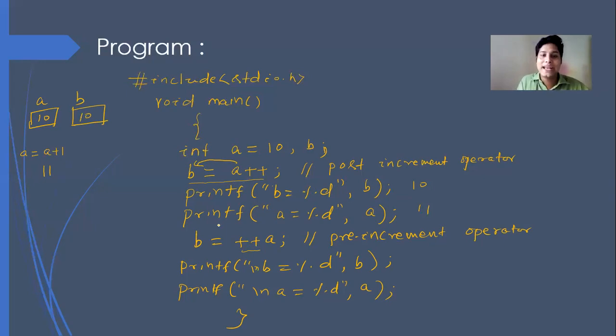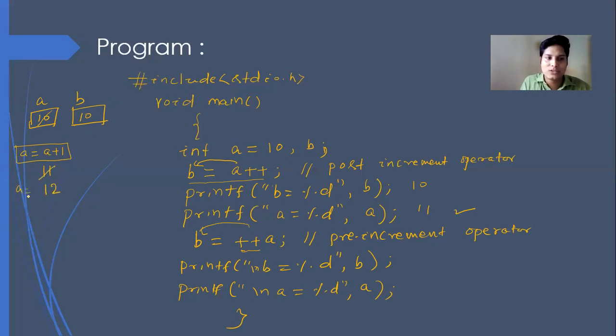Okay, so in the next statement, that is the pre-increment operator. Pre means previous: first the increment will occur, then after that the value will be assigned to b. First a will be incremented, then the value will be assigned to b. So how will it work? ++a: the value of a previously was 11, so that will be replaced by 12. ++a means a will be a + 1, that is 12.